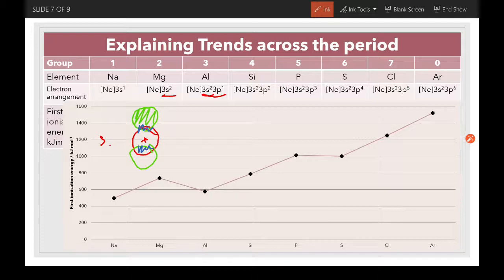So because it's further away, with slightly more shielding, this p electron here is more easily removed. So it's going to have a lower ionization energy.